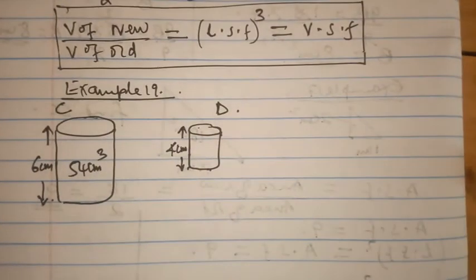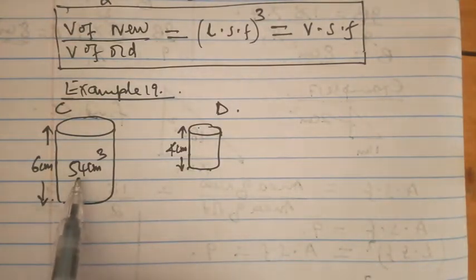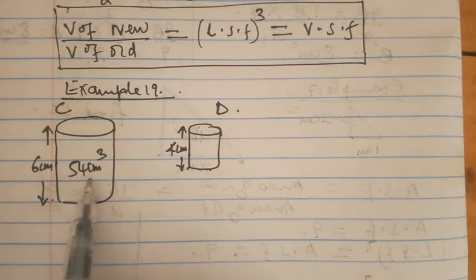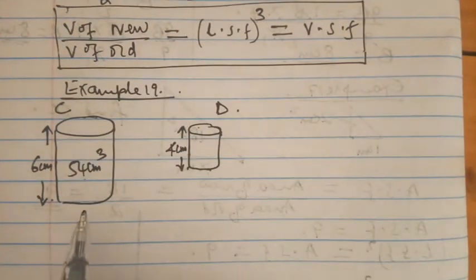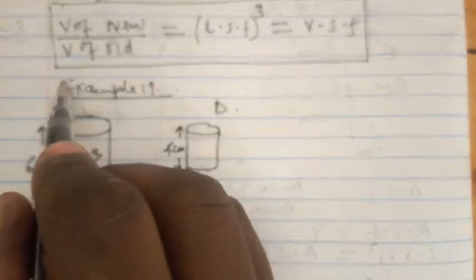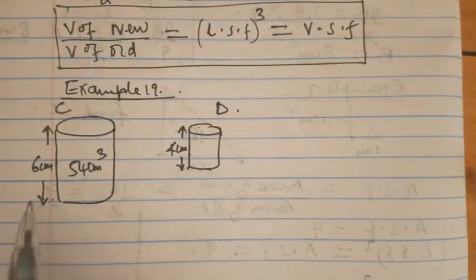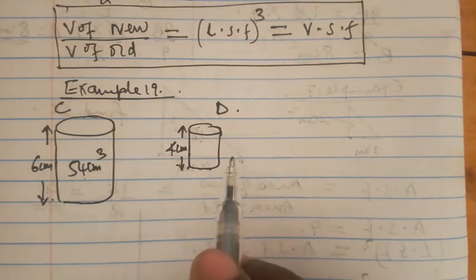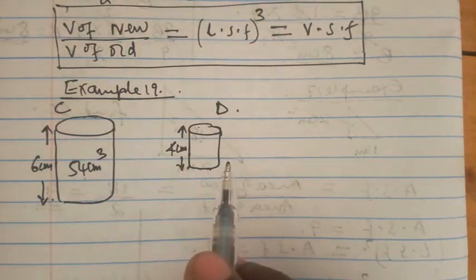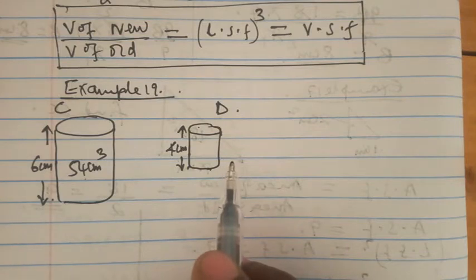It goes without saying that we have the volume of the first one, but we don't have the volume of the second one. That means we do not have complete information when it comes to the volume, but we have the height of the old and the height of the new. So we have complete information as far as the height is concerned.